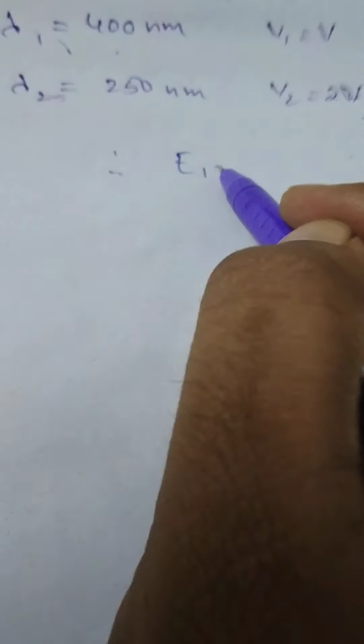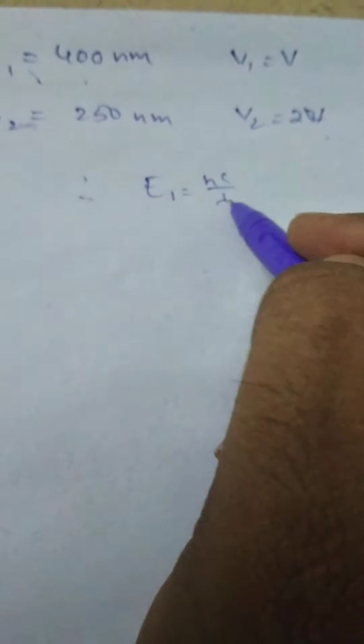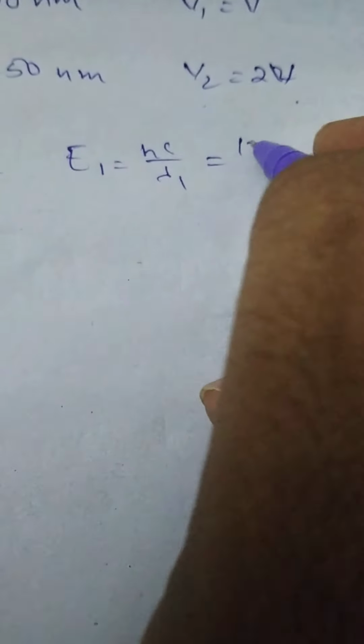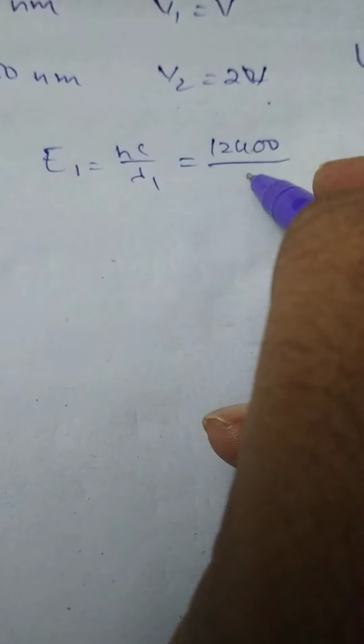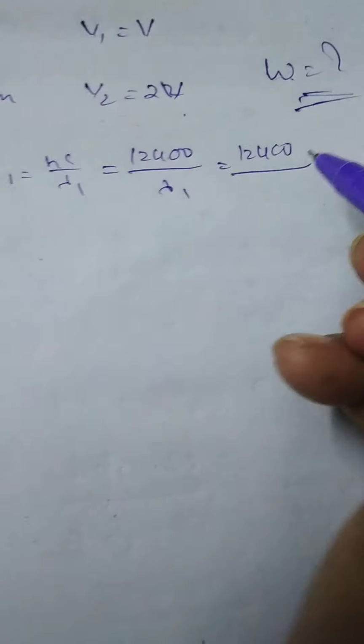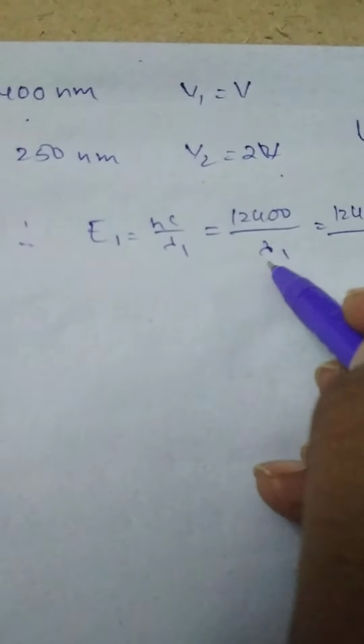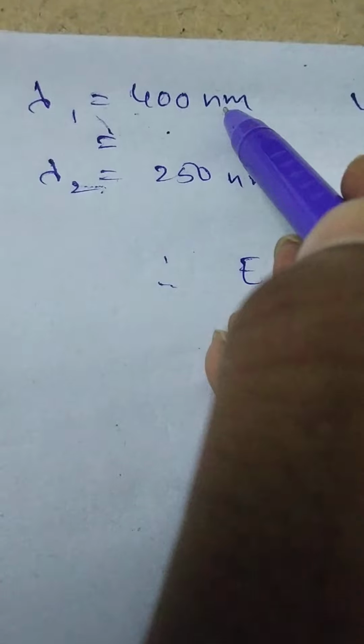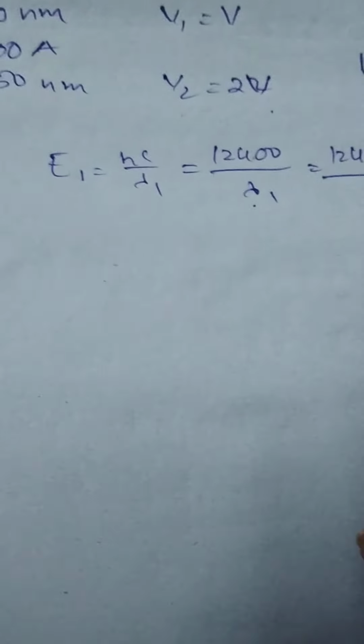Again, energy of the incident photon in the first case is equal to hc by lambda 1, that is 12,400 by lambda 1, which must be taken in angstrom units. What is this value? 400 nanometers. Nano means 10 power minus 9. In angstrom units, 4000 angstrom units.